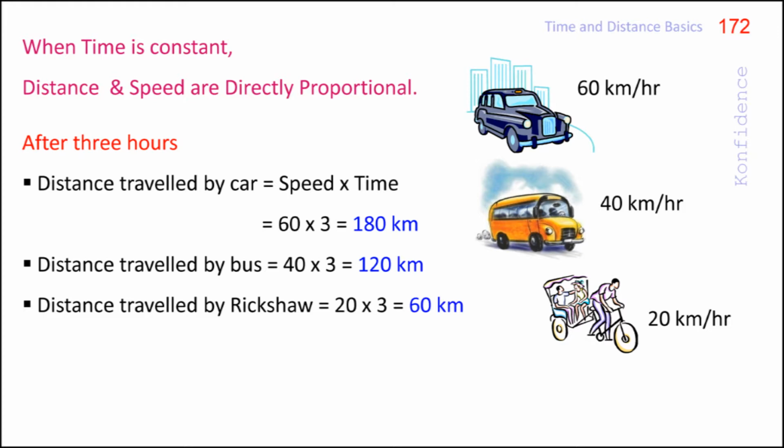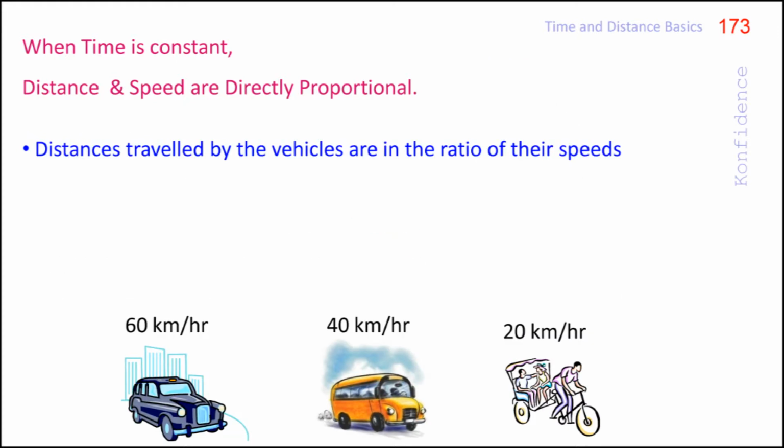We can observe that in any given time, the vehicle with the larger speed travels larger distance. If you observe the distance travelled by the three vehicles closely, we see that after the first hour, the distances are car 60, bus 40 and rickshaw 20. And the distances travelled by the vehicles are always in the ratio of their speeds.